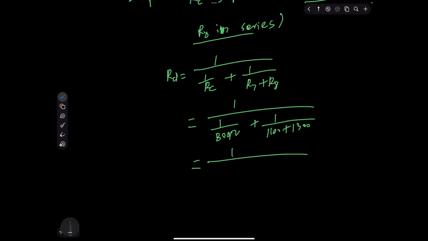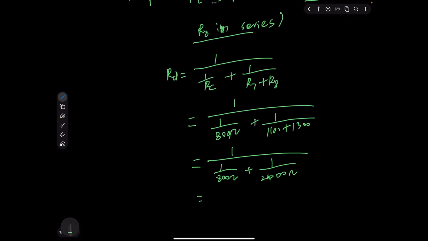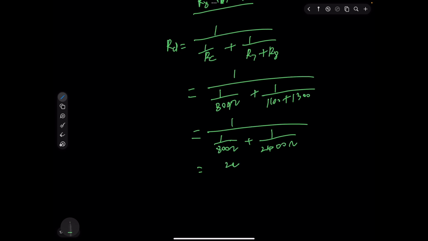That will give us 1 over 800 ohms plus 1 over 2400 ohms. So it will be 2400 times 800 ohms divided by 24 plus 800.